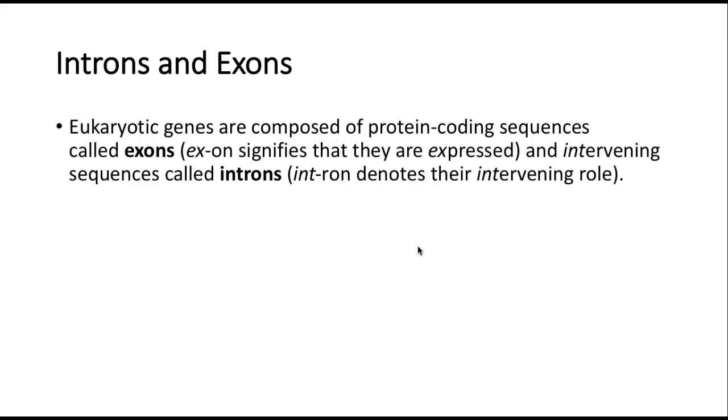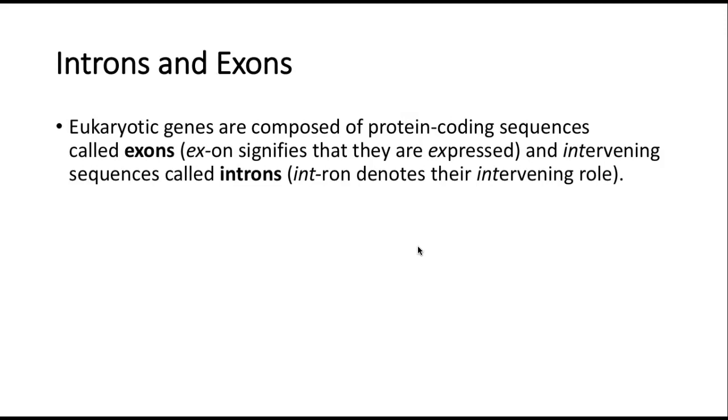Now, the next thing are these introns and exons. Eukaryotic genes, you've got in your DNA billions of letters, A's, T's, G's, and C's. But some of them are going to be protein coding sequences, which we call exons. They're called exons to signify that they are going to be expressed. And then there are intervening sequences called introns, and the name denotes their intervening role.